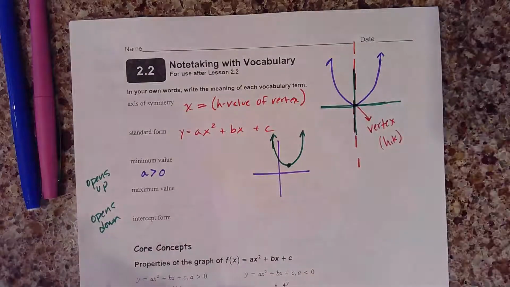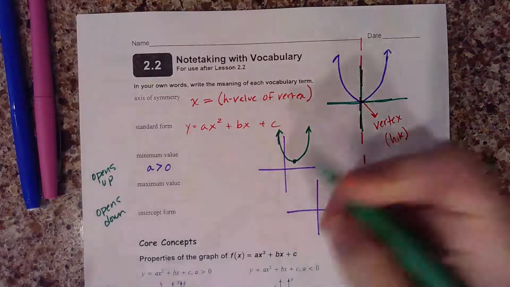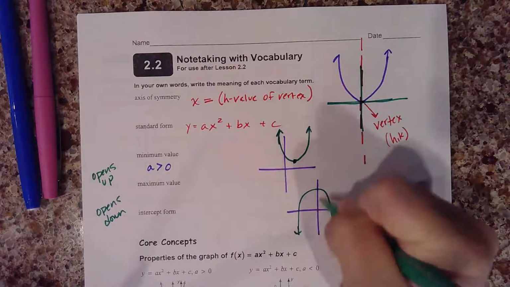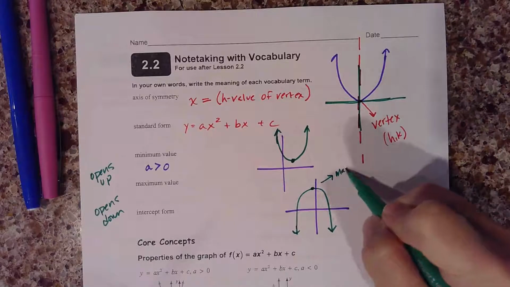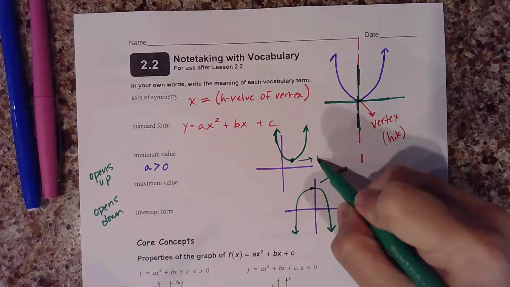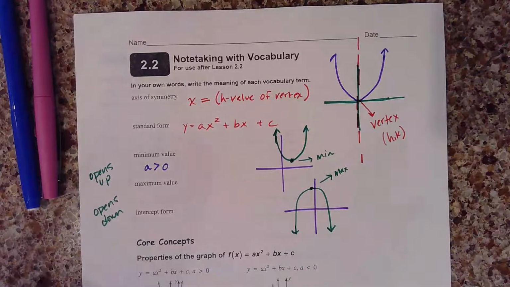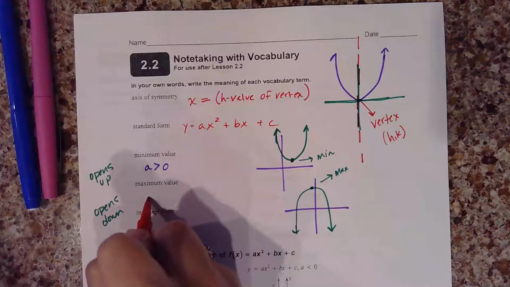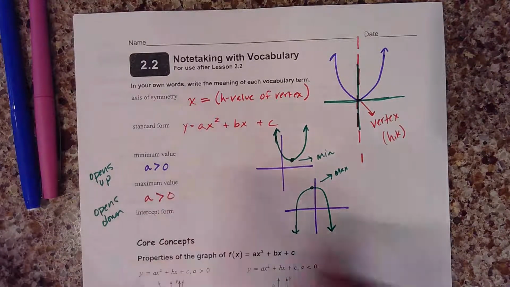That would be the other scenario, right? And this would be a maximum point because that's the highest point, whereas this is a minimum point, which is the lowest point. The other thing I want you to get out of this is understanding what I'm asking for when I ask you for the minimum value or the maximum value. By the way, this means a is greater than 0.